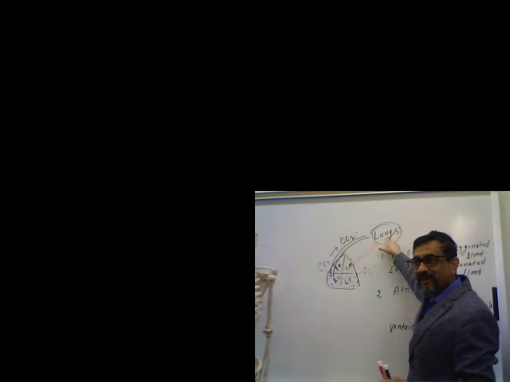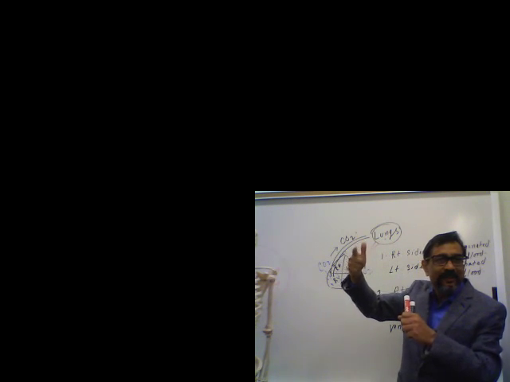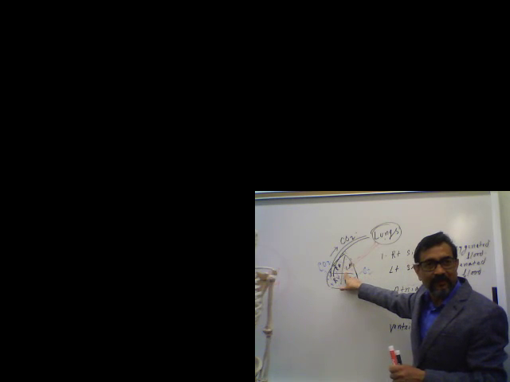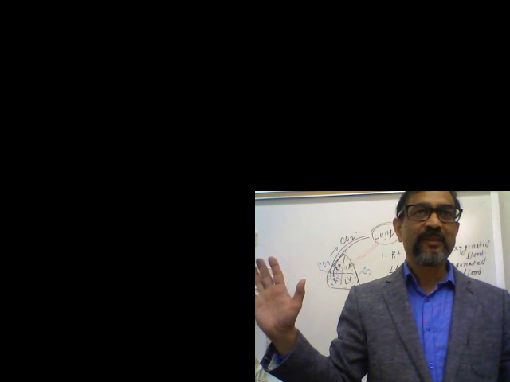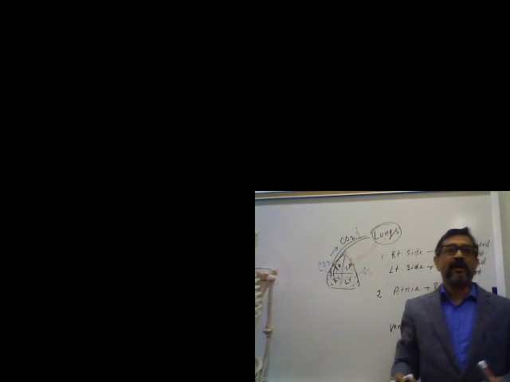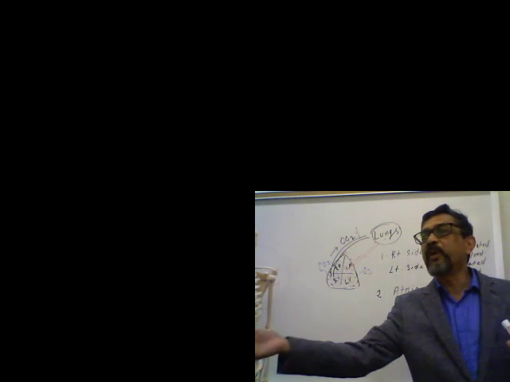Very simple. Now you understand: the blood vessel that takes the blood outside is always an artery. So this is the artery, carrying deoxygenated blood. This is the vein, bringing the blood to the heart, oxygenated blood.